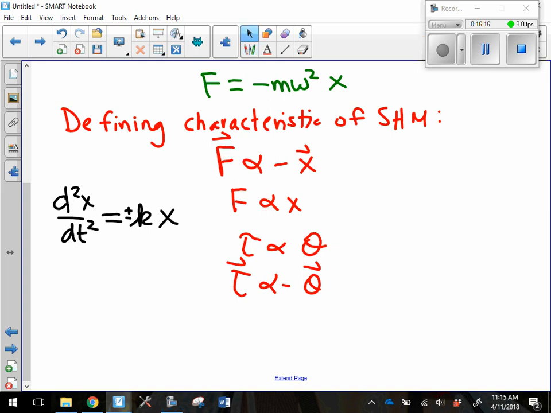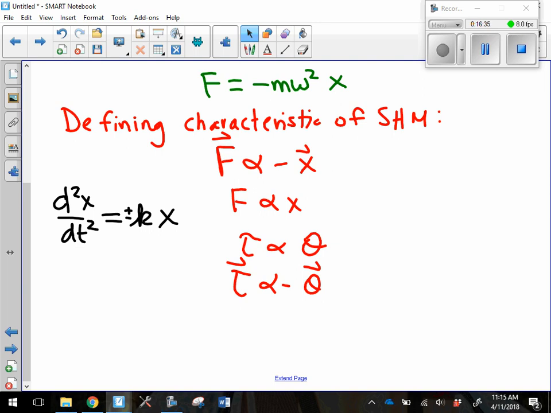A very common question on the AP exam multiple choice is, which of the following equations describe simple harmonic motion? And they don't usually use F's and T's. They usually use the second derivative of the object, or the second derivative of the variable.